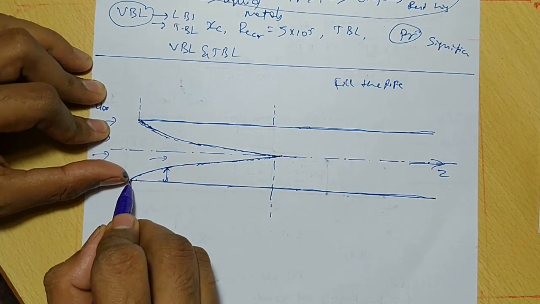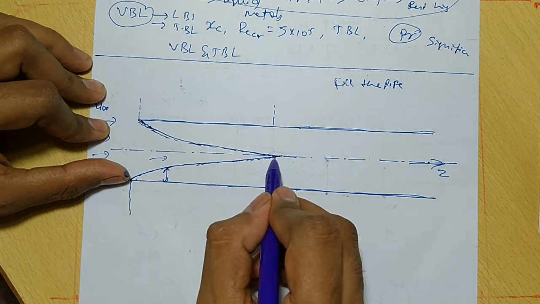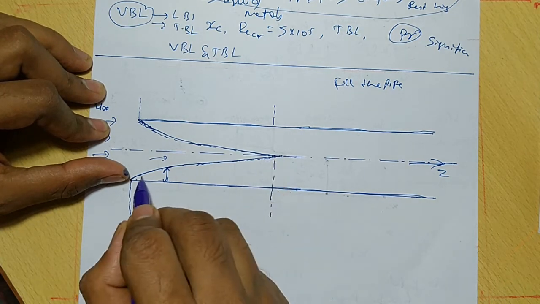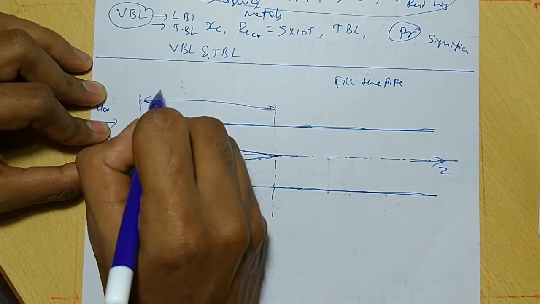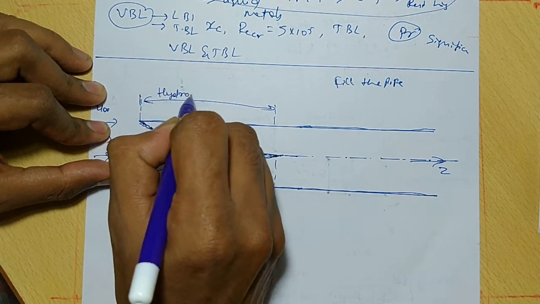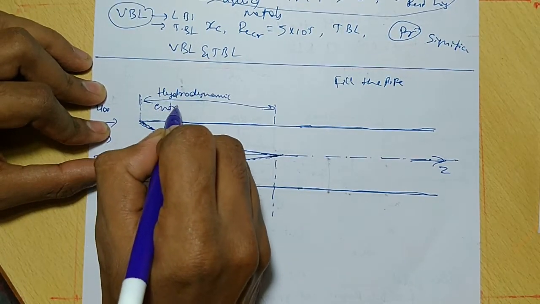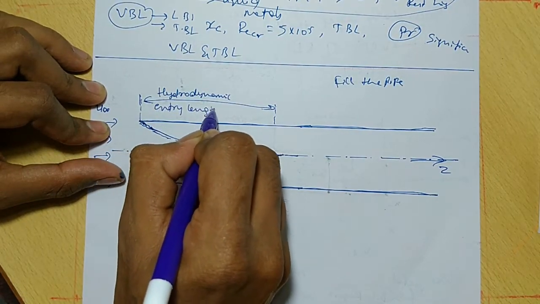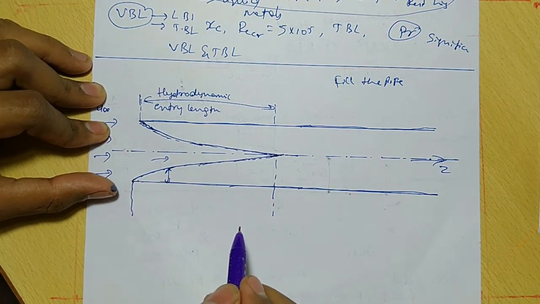The distance taken by the fluid to fill the pipe with the boundary layer is called the hydrodynamic entry length, or hydrodynamic entry region.